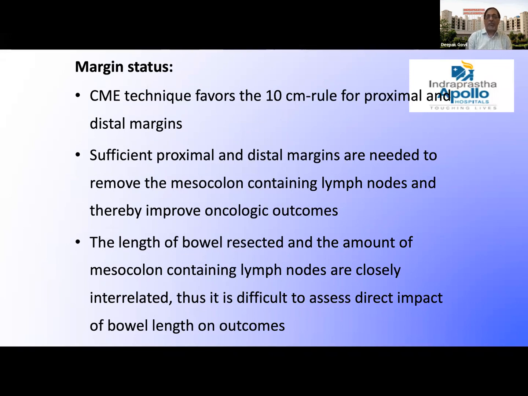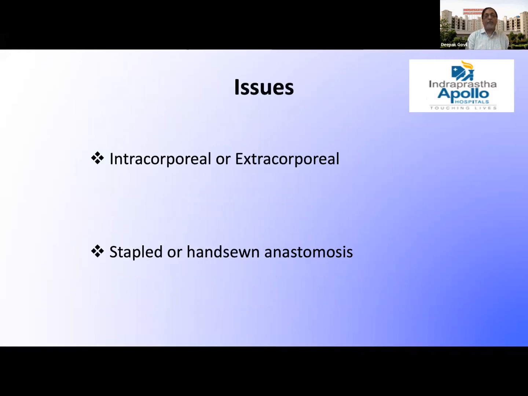Sufficient proximal and distal margins are needed to remove the mesocolon containing the lymph nodes and improve oncological outcomes. Overall, the length of bowel resected and the amount of mesocolon containing lymph nodes are closely interrelated, so it is difficult to assess the direct impact of bowel length on outcomes, but basically these are the rules which have been laid down preferably.